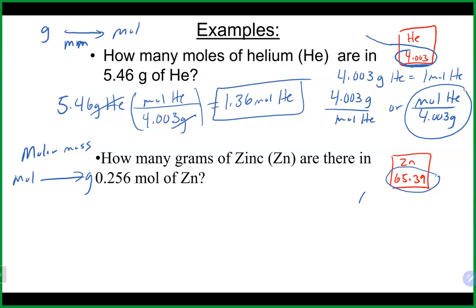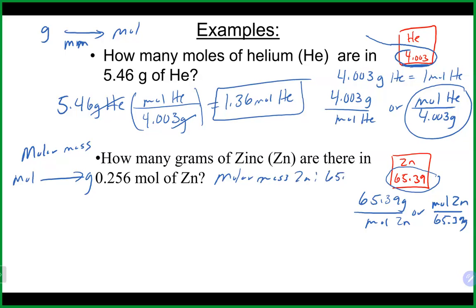That means that for zinc, there are 65.39 grams per mole of zinc, or a mole of zinc is 65.39 grams. The molar mass of zinc, if you just had to write the molar mass of zinc, would usually just be written in this version, 65.39 grams per mole. So, if you just had to write what the molar mass is, that is usually how you would display it.